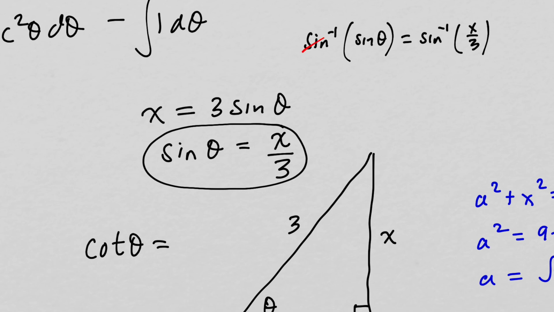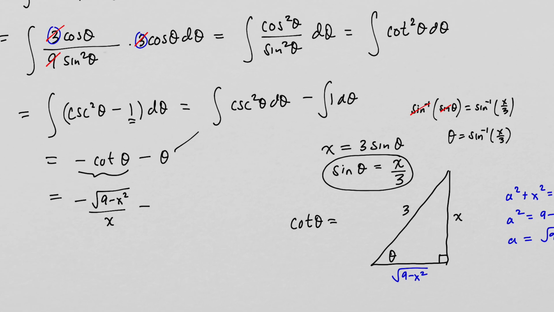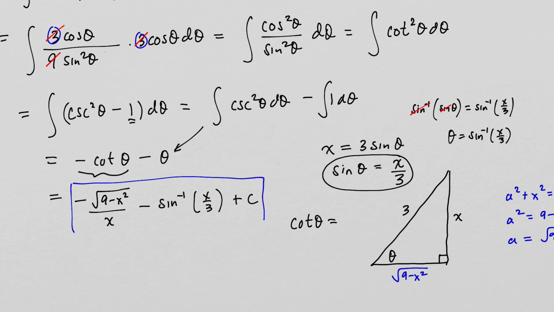And what happens is these cancel out, and we get theta is equal to the inverse sine of x over 3. And I can replace the theta here with that. And then once I've done that, I have my antiderivative, so I can just put my constant of integration.